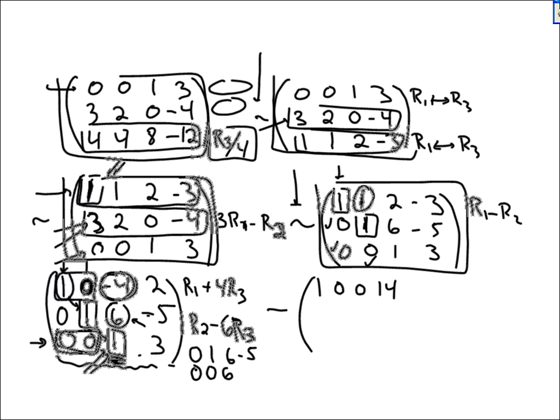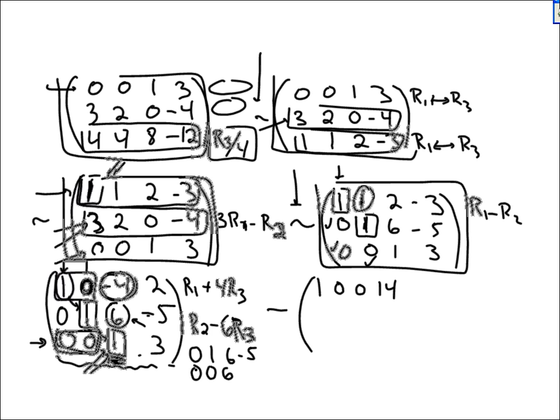So this matrix did satisfy all 4 criteria. If it has a row of zeros, they're on the bottom. There's no counterexample to that. The second condition was that the first non-zero entry in each row had to be 1.